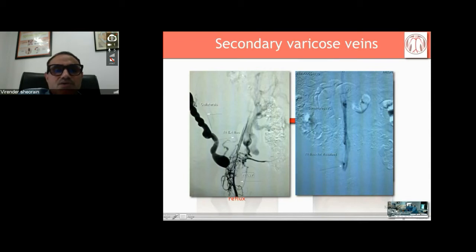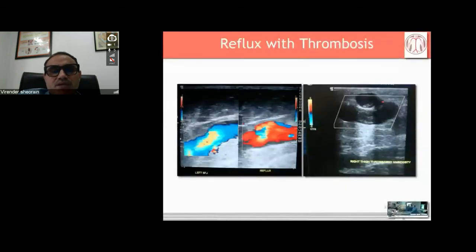This is how it looks: there is a cicatrized vein and multiple collaterals. This can be easily picked up in a patient with an average body habitus, with a good ultrasound machine and a good technique. This is how the reflux will look, and you can see the superficial vein thrombosis.